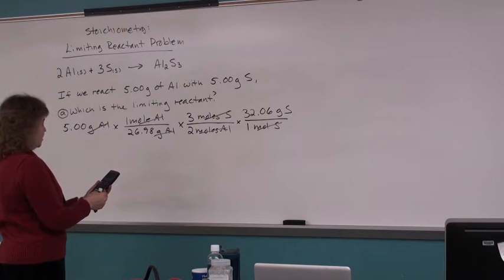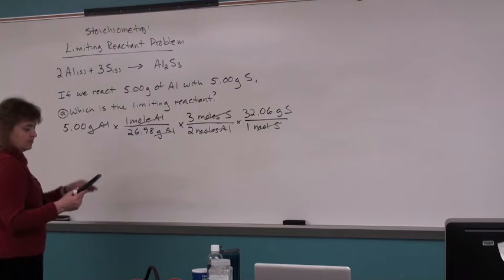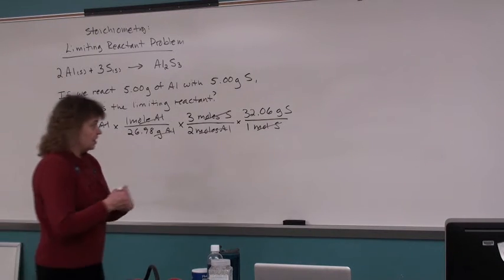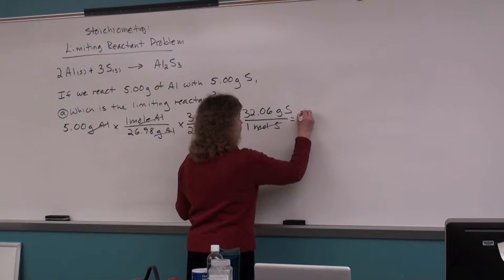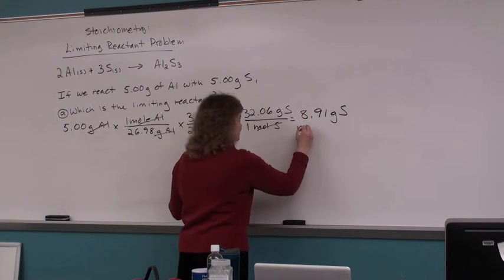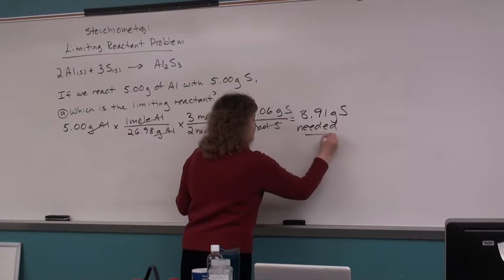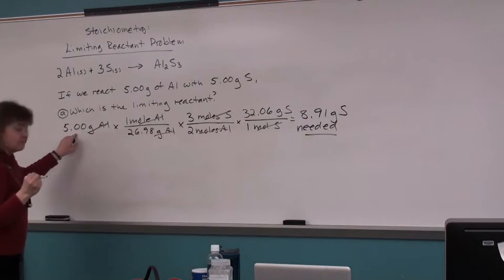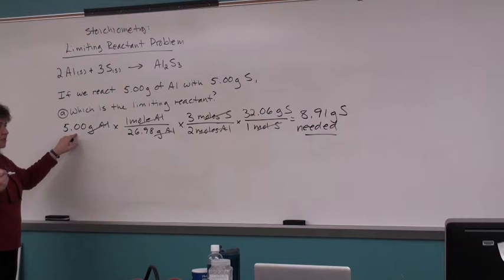And I get 8.91. I'm limited to 3 sig figs. So 8.91 grams of sulfur are needed to perfectly react with 5 grams of aluminum. So that's what I need.